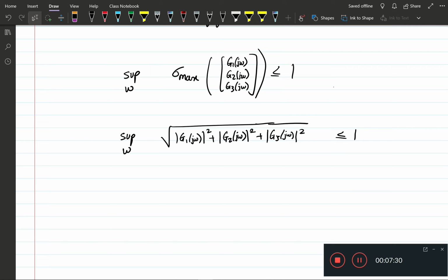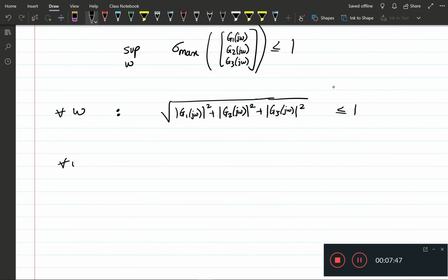and now if we want this to hold for the supremum over all omega, that is nothing but saying that we want this to hold for all omega, and that is nothing but saying, squaring both sides.